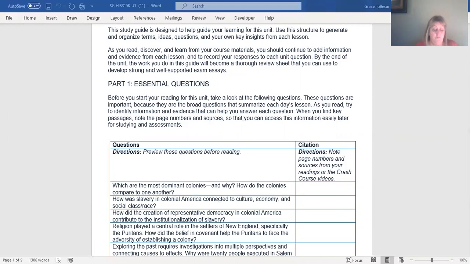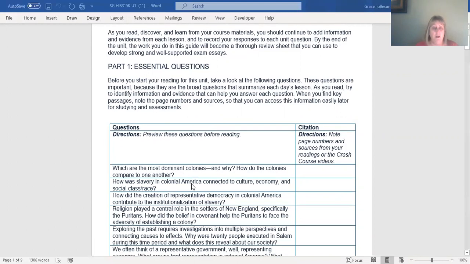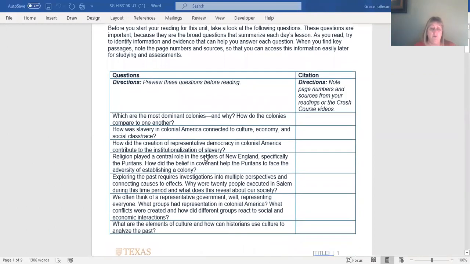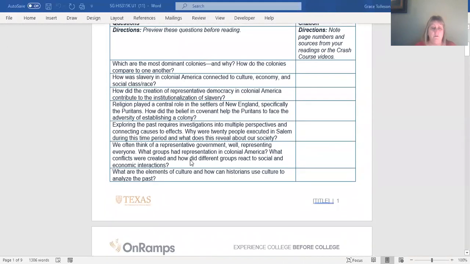These are here to help you frame your thinking, help you create a goal for yourself, to write an answer to each of these essential questions. So you should preview these questions before you start reading or watching any of the videos. And when you see the information about these essential questions, just make a note over here.